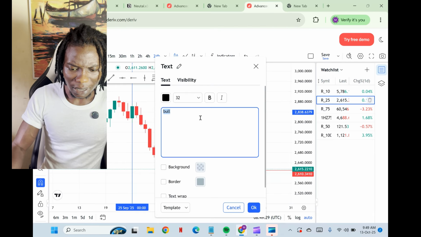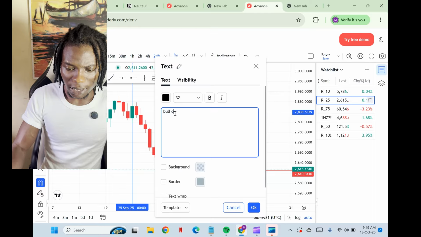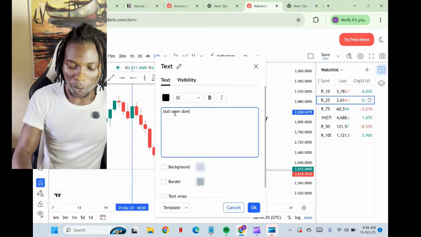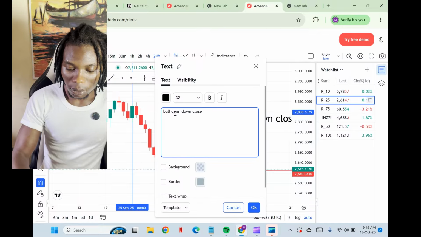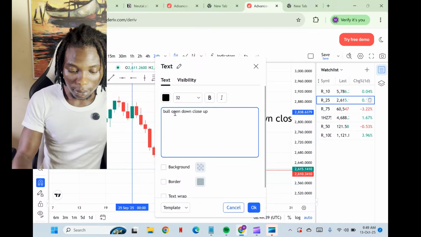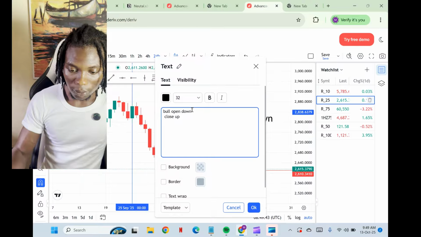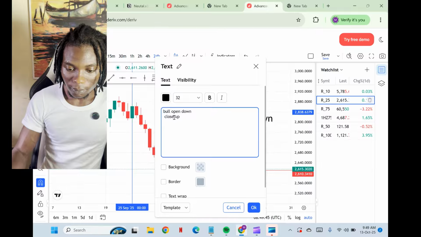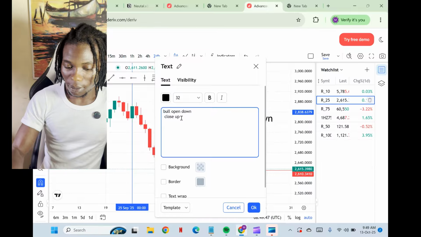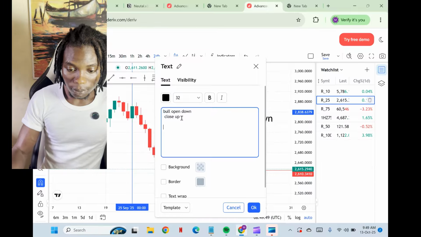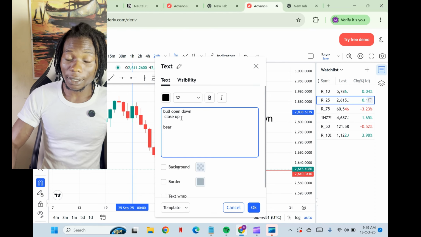I think I need to make my text bold so you guys can see. So the bull opens down, closes up. This is for the bull market, or anywhere you see the green candle.